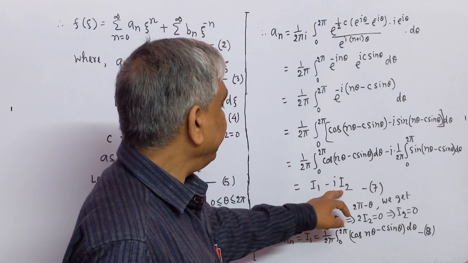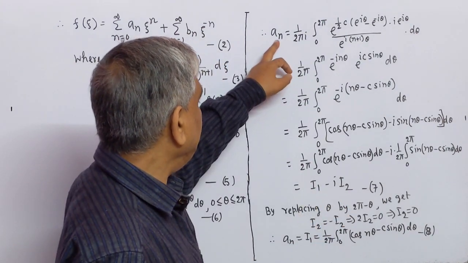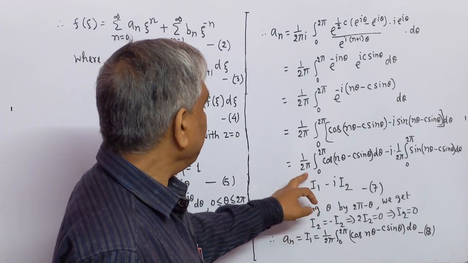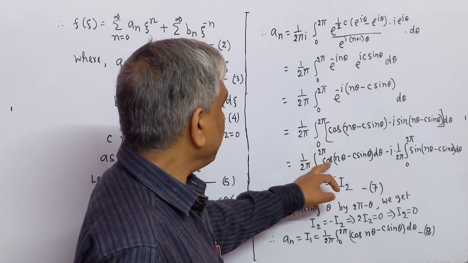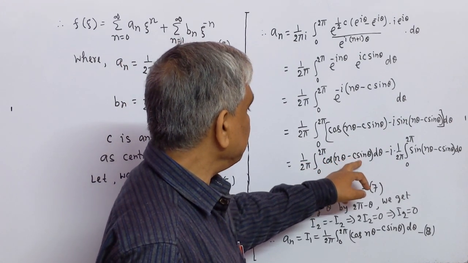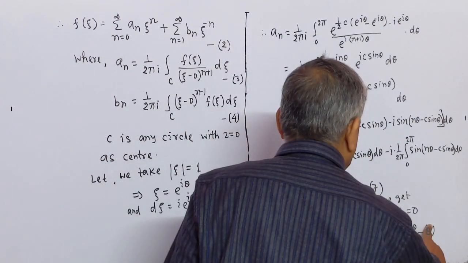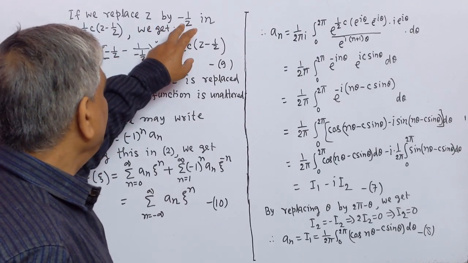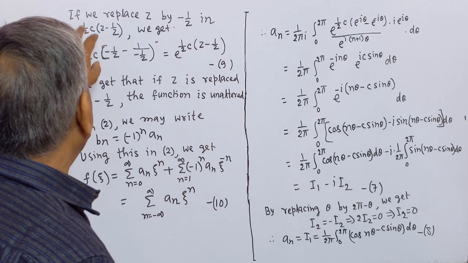So if I₂ = 0, here remains only I₁. So aₙ = I₁, and the value of I₁ is 1/(2π) ∫ from 0 to 2π cos(nθ - c sin θ) dθ. This is number 8.